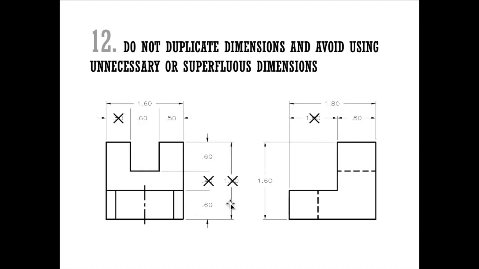I can do the same for the height. I don't need this height because this is a right side view and I've given height in this view. So between the different views, it's very easy to give redundant dimensions. So before you say this drawing is complete, go back through and review what information you've actually given and simplify.